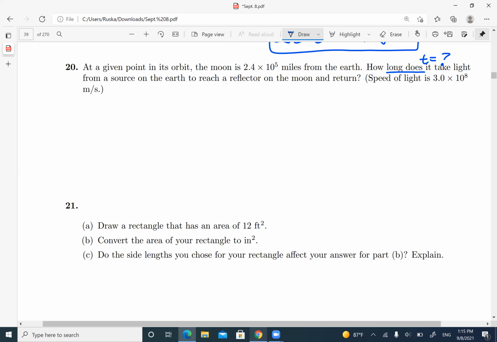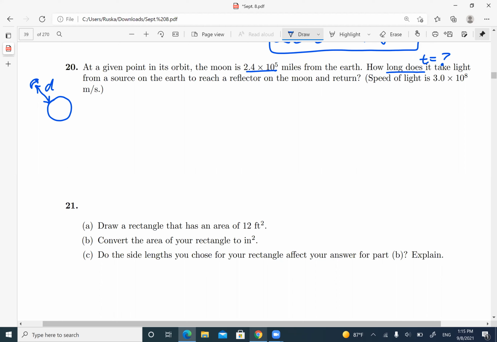So they give me the distance, so let me just draw a little picture here. So I have, this is the Earth, and this is the moon, smaller, right? Like that. So the distance from here to here is given, only one way, right? So this is the distance, okay, which is this number here. And also they give me the speed of the light.